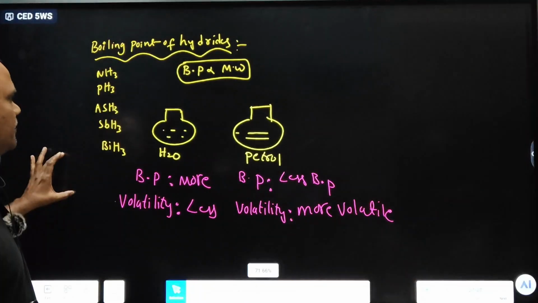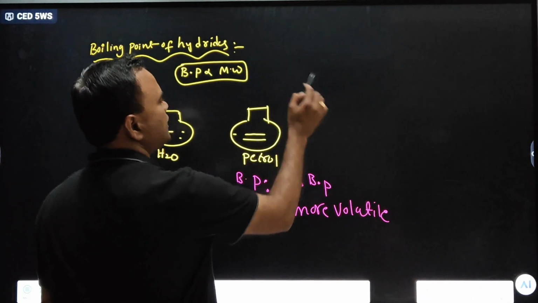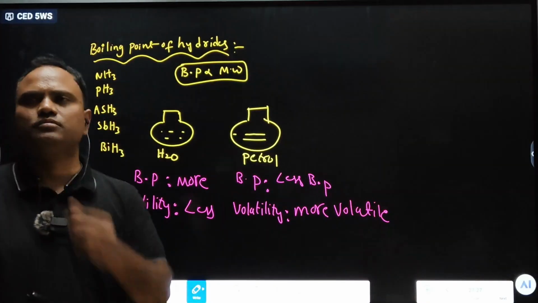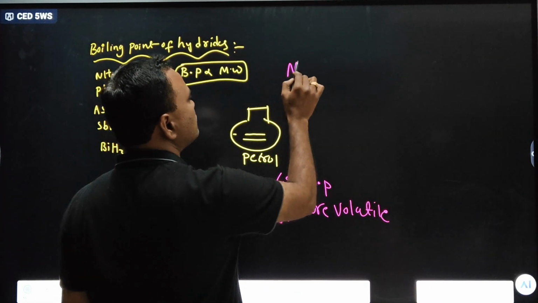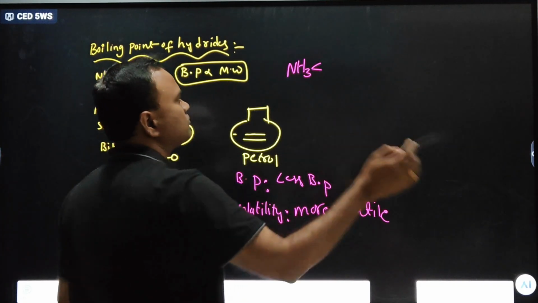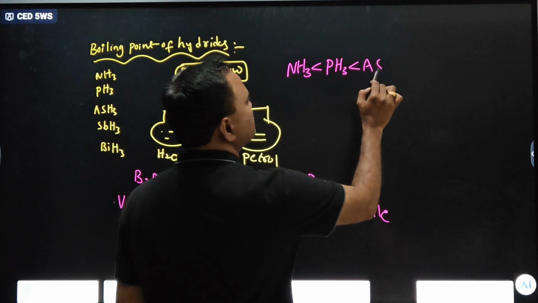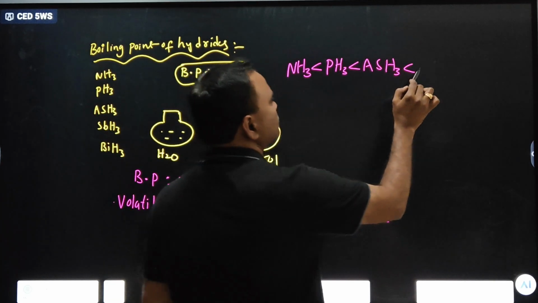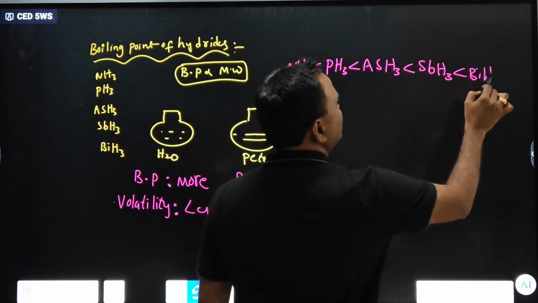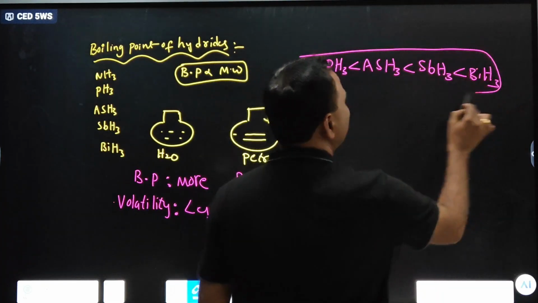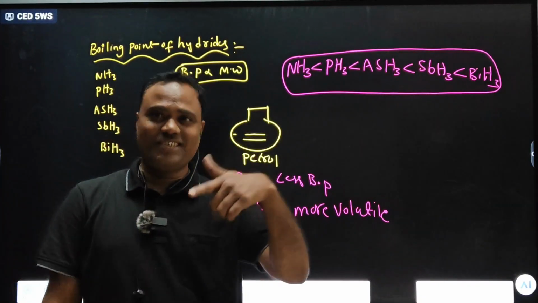NH3 less than PH3 less than AsH3 less than SbH3 less than BiH3. Very good, you have good memory.